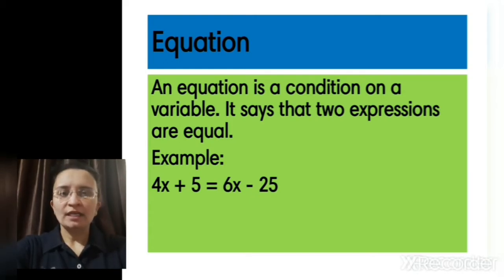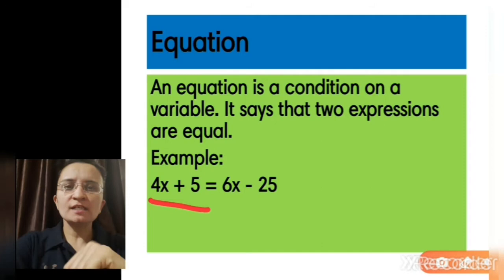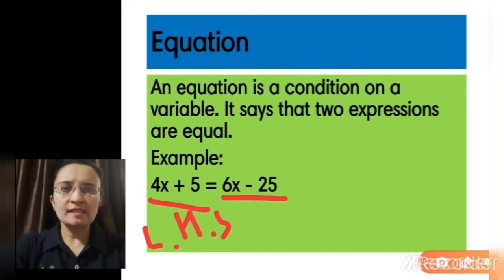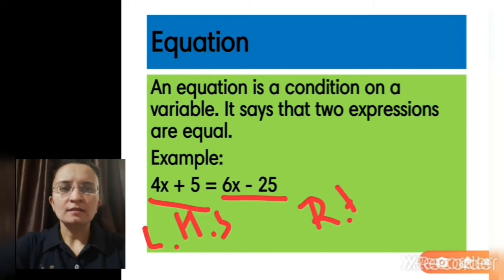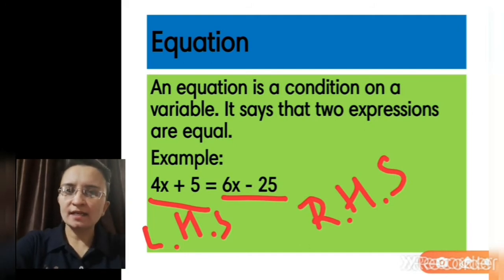So in equation we have two sides, left hand side and right hand side. Here 4x plus 5 is our left hand side and 6x minus 25 is our right hand side. We can write LHS for left hand side and RHS for right hand side.